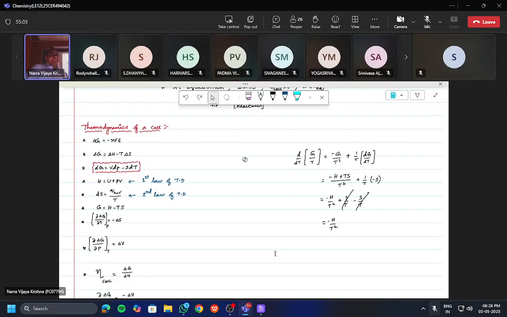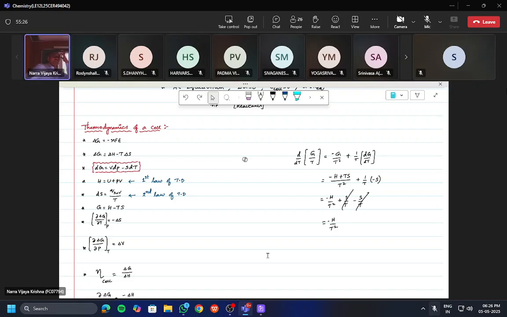It is not that way. I am not writing dT into T as dT square. D by dT of G by T becomes exactly equal to dG by dT square. Right?